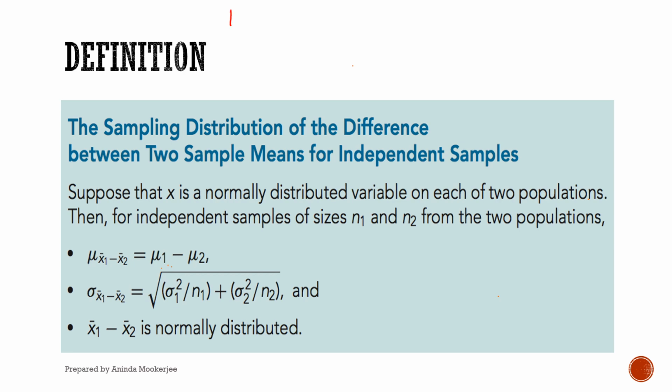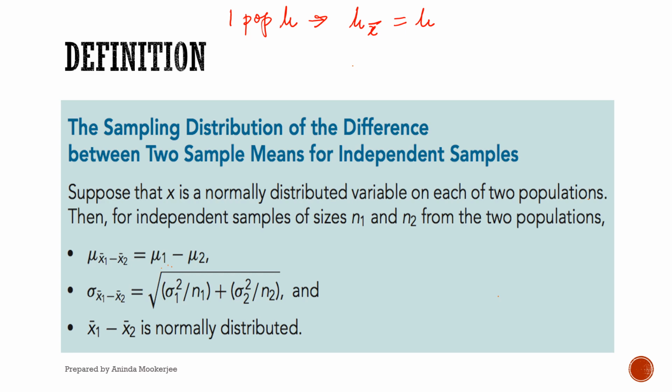For one population mean, the mean of all the sample means will always be equal to the population mean.